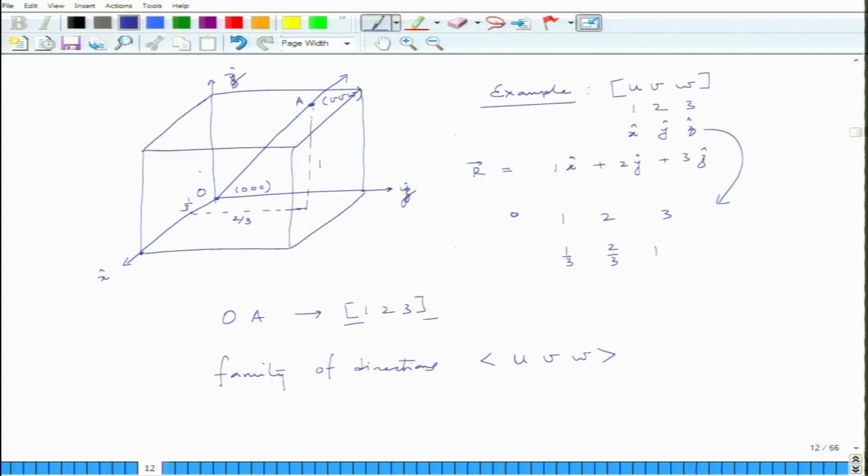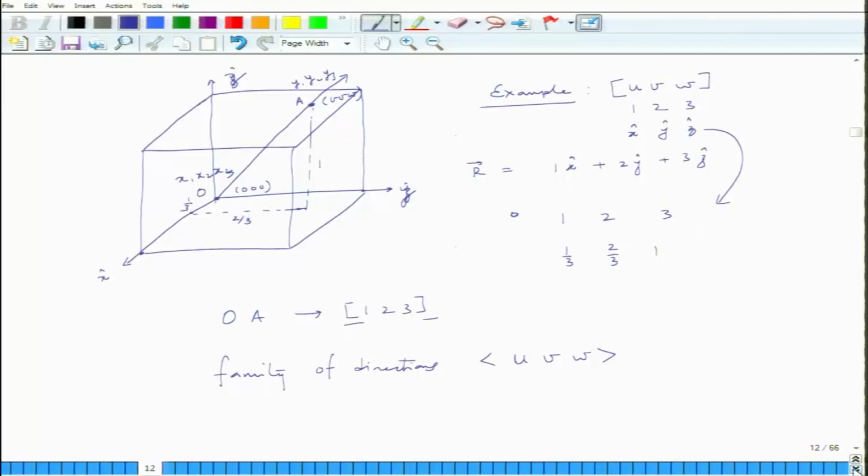So, if it was x1, x2, x3, and this was y1, y2, y3, then all you need to do is find out y1 minus x1, y2 minus x2, y3 minus x3, and then convert them back to integers. Alright. So, that will be the direction, because it is a vector, right. So, this is how you draw a vector as you have studied in your school. Okay.